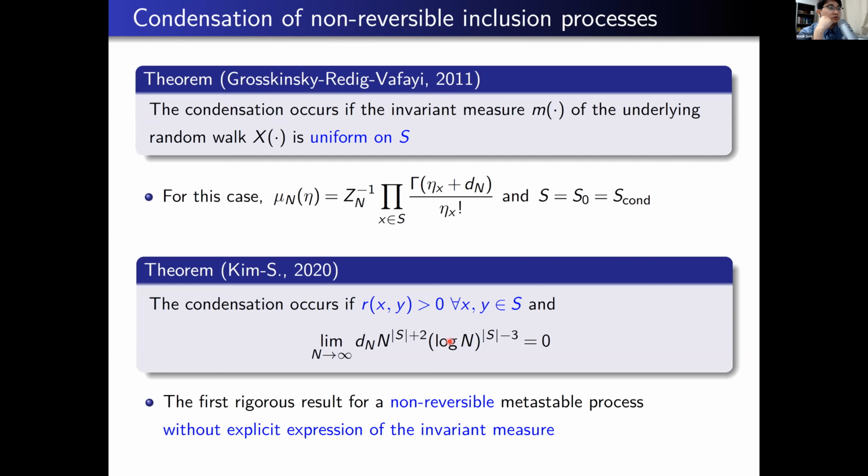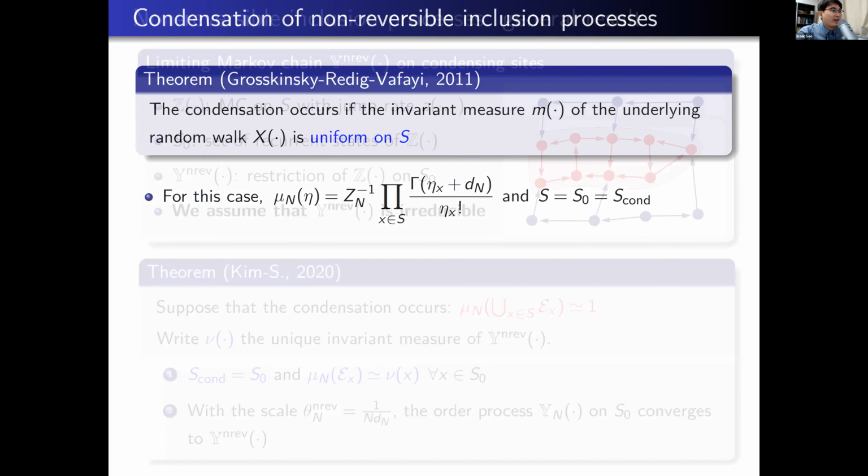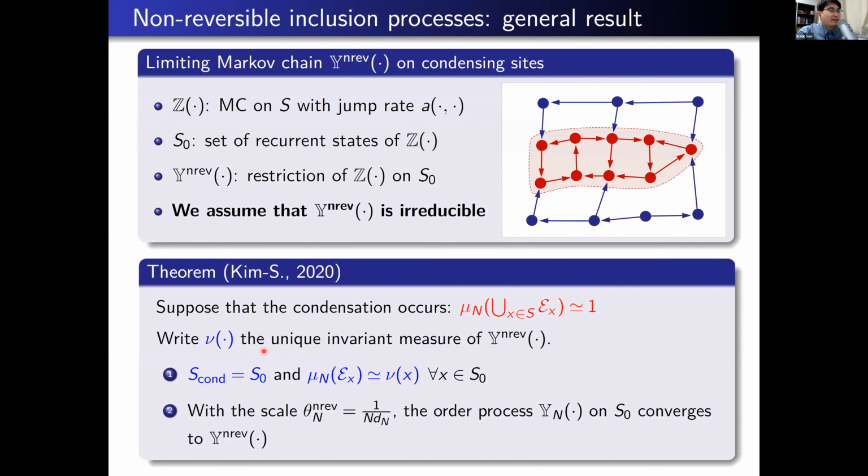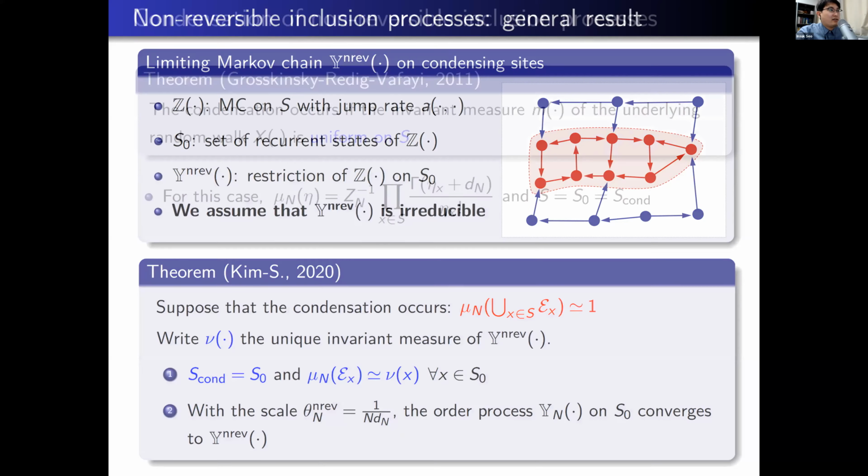Even with these strong assumptions on the jump rate, it is extremely complicated to show the condensation because we don't have an explicit expression of the invariant measure. I would like to say that, summing up, for these two cases, we can get this condensation and metastability result rigorously.